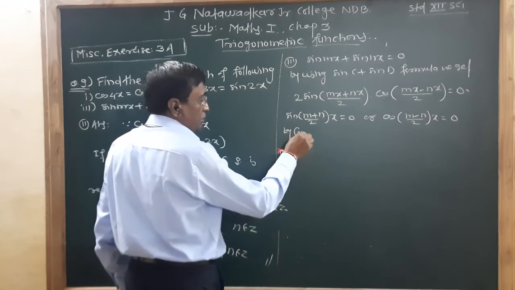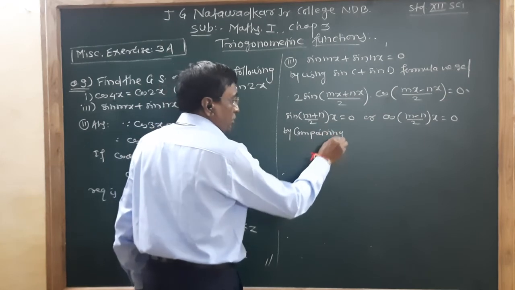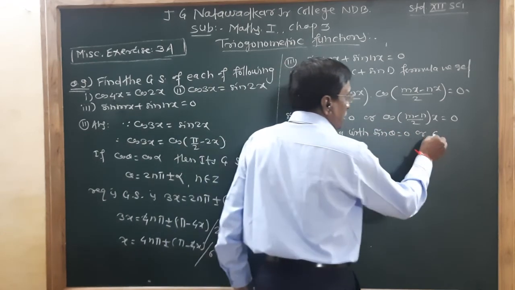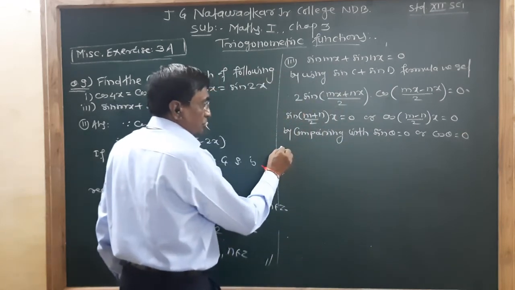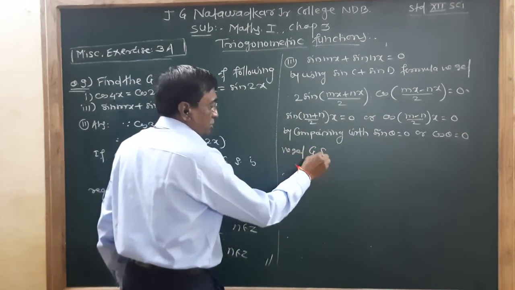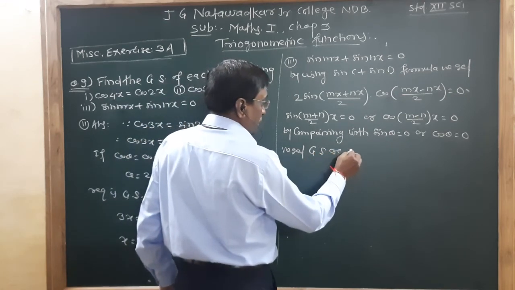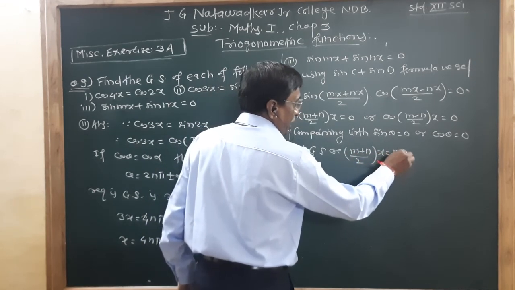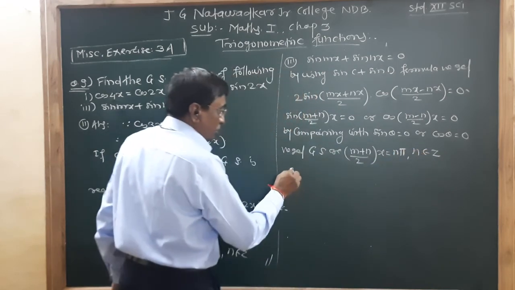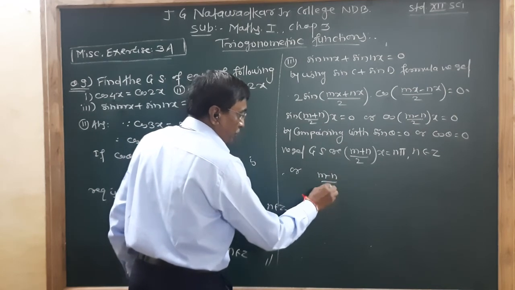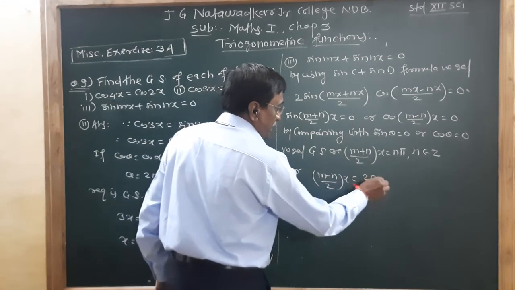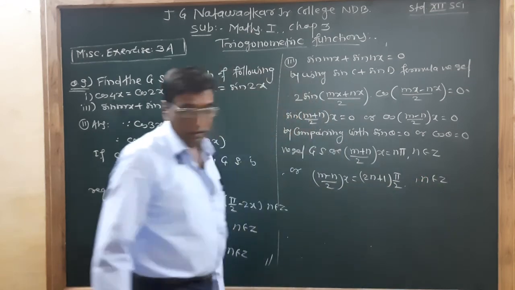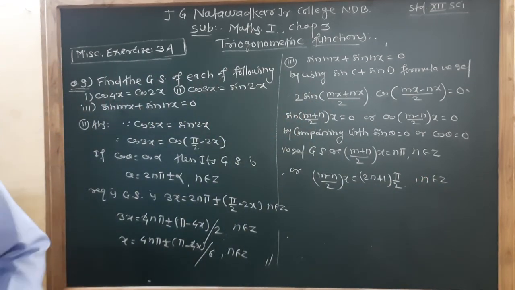By comparing with them, we get the general solution: (m plus n) upon 2 into x is equal to n pi, as n belongs to Z, or (m minus n) upon 2 into x is equal to (2n plus 1) into pi by 2, as n belongs to Z. So this is the general solution of this standard form.